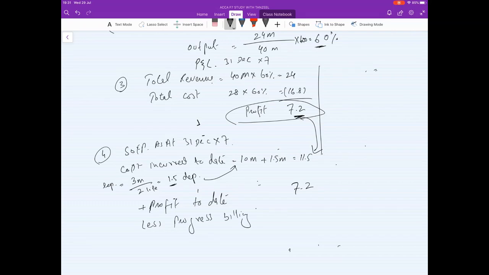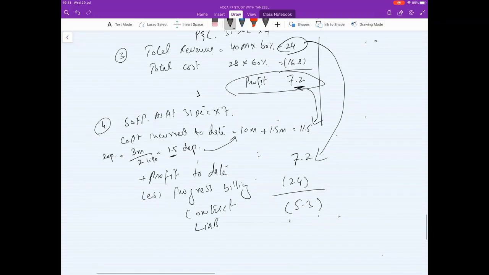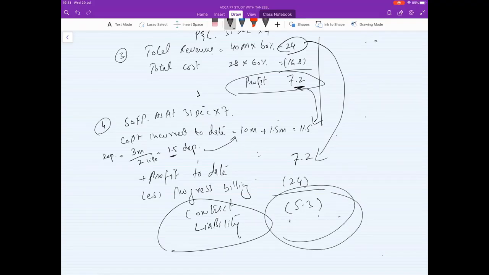How much work is certified, how much have you done already? This is the work you have done already, so 24. It means 5.3 negative. If it is negative, then the contract is a liability, because you're not making profit. It's not an asset.